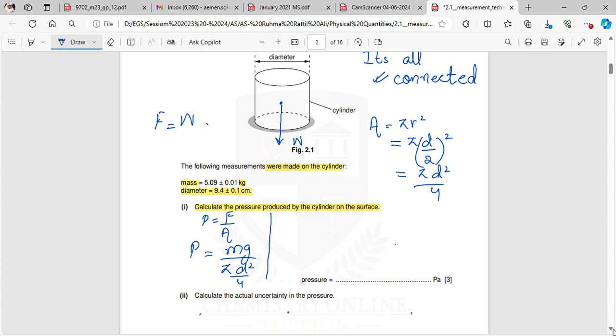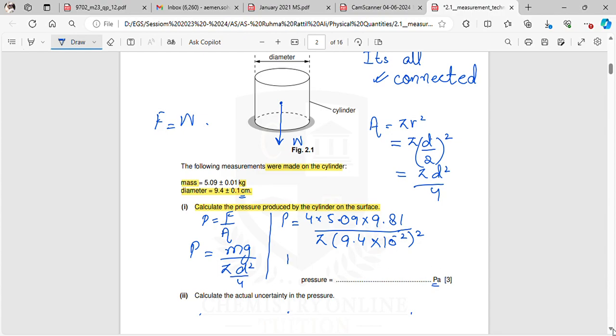Now P is equal to 4 into mass, 5.09, into 9.81, divided by pi into d, 9.4. Since the unit is Pascal and here it is centimeter, I should put 9.4 exponent minus 2, squared.